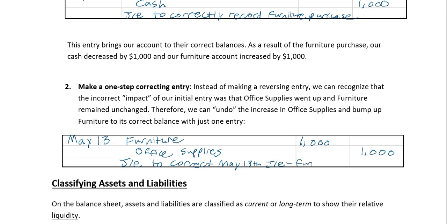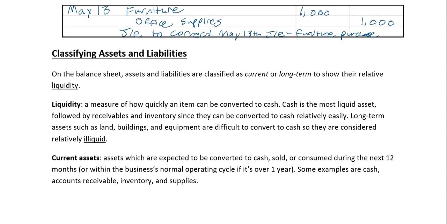I'm going to write down furniture purchase. Okay, so that's a couple ways you can fix an incorrect journal entry after it has been posted.